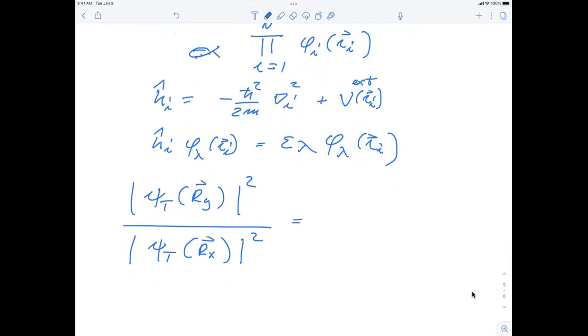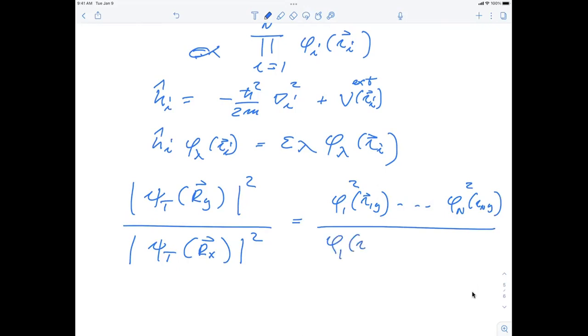Let me write it out. We would have ψ_1 of r_1 of y, squared, all the way up to ψ_n of r_n of y, and then divided by ψ_1 in the previous position x, squared, and then the product up to ψ_n squared of r_n of x.